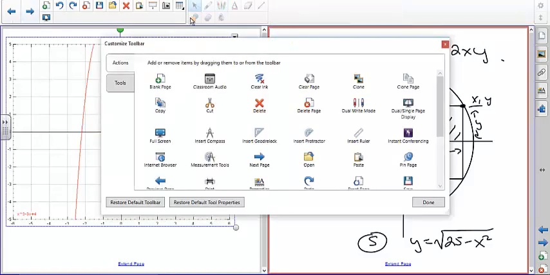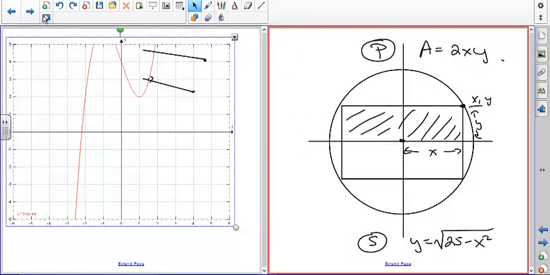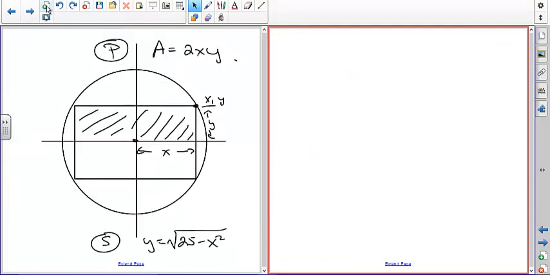And then once you make the substitution, then you're going to have to take the derivative. You're probably going to have to use the chain rule to do that, or the product rule, and the chain rule. It's kind of like one of the problems we had on the test.